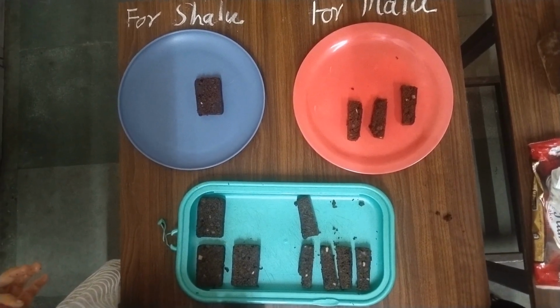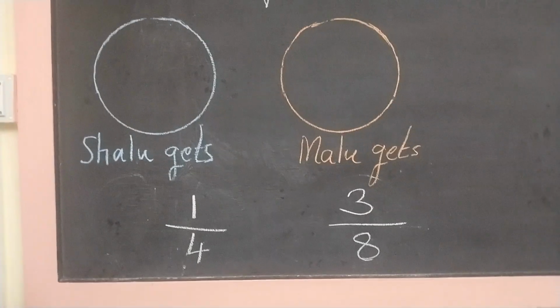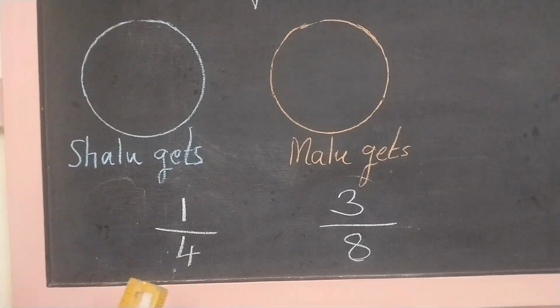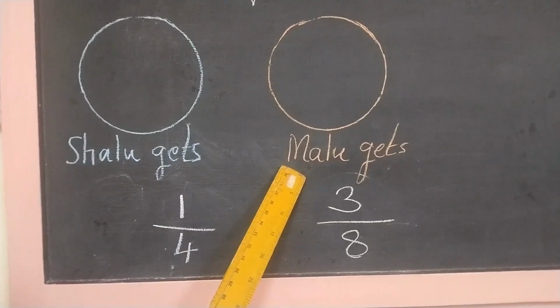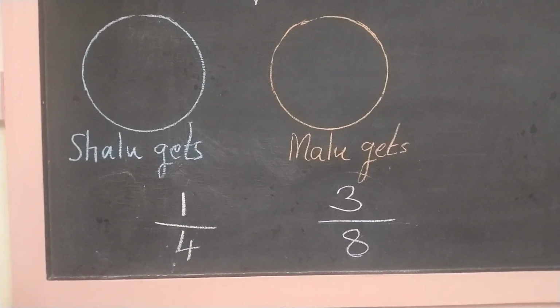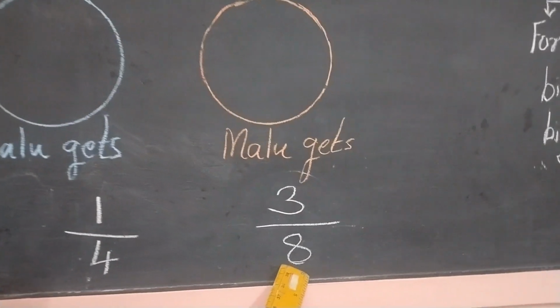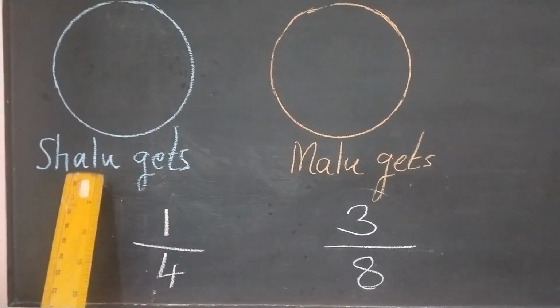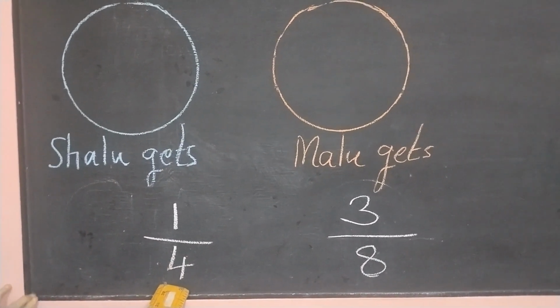Are you ready to do that? Yes, Nani, I will try. Nani, you had made 2 cakes for Shalu and Malu. They were of exactly equal size. Malu's cake you cut into 8 equal parts, and Shalu's cake you cut into 4 equal parts.